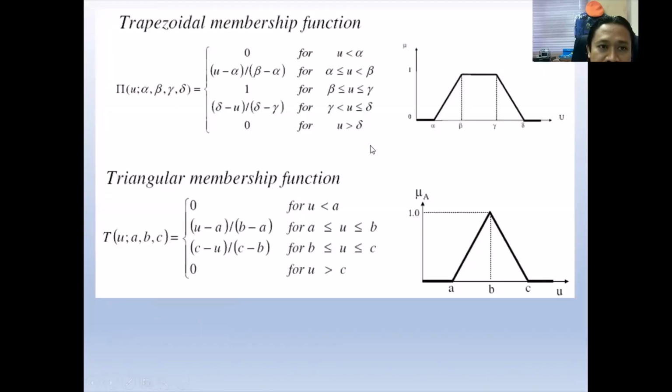So this is a trapezoidal membership function. I will just explain this one. For example, this one is the zero membership function. Assume you put some value here, for example I put u. Automatically you know the equation to get the membership value here is u minus alpha divided by beta minus alpha.